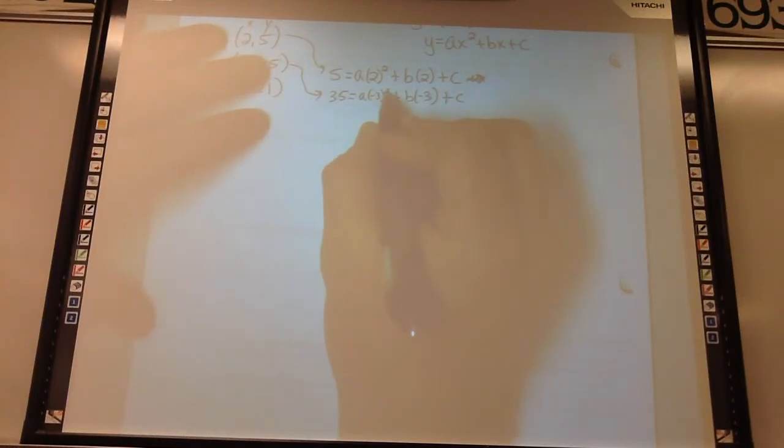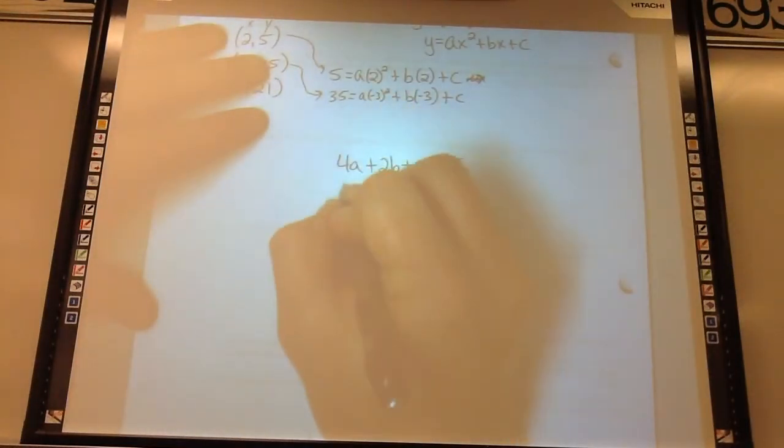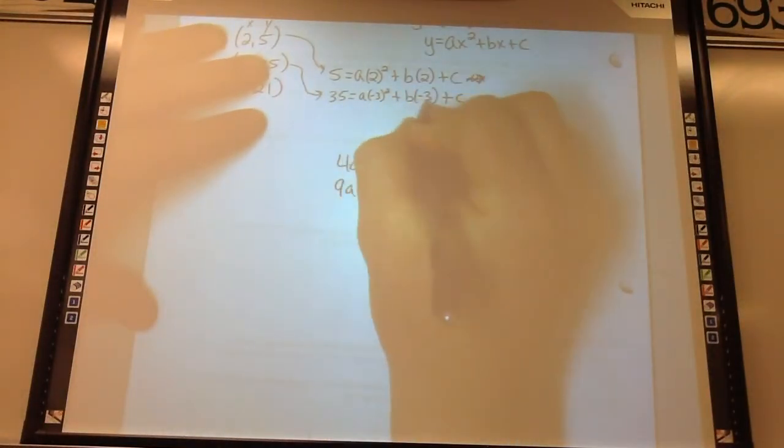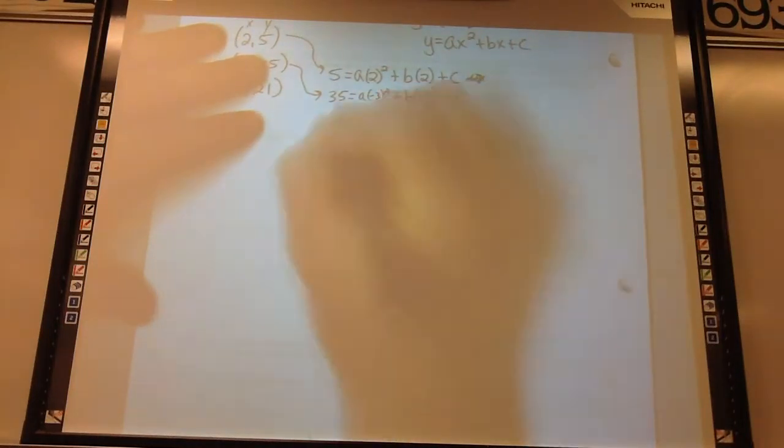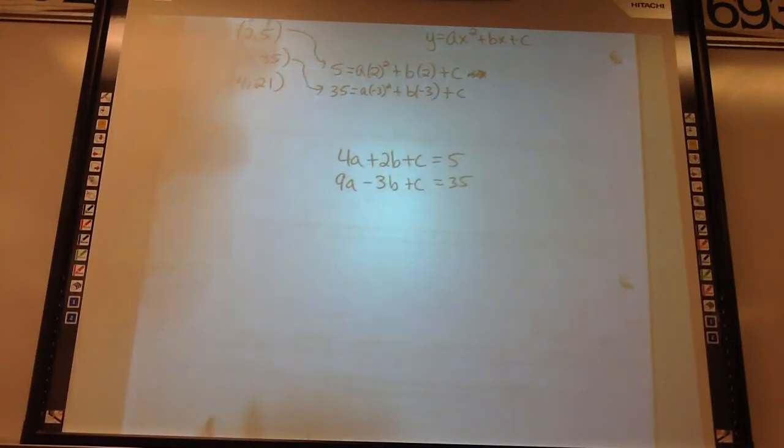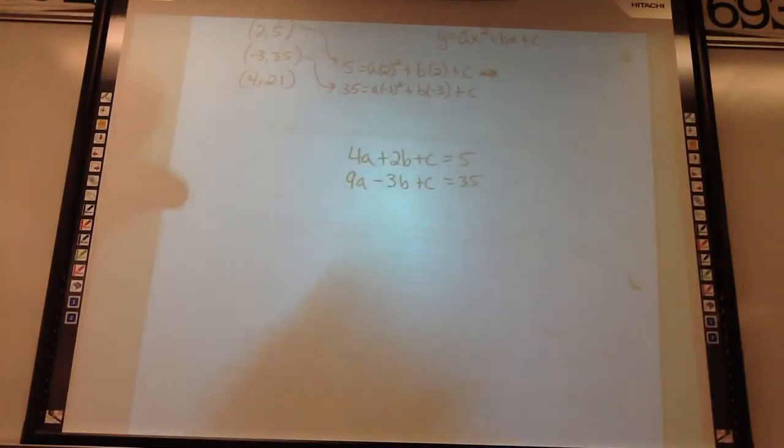Negative 3 squared is 9, so that's 9a minus 3b plus c equals 35. See where I'm going with this? It's just, instead of x, y, and z, we're going to have a, b, and c now. No big deal. Put x, y, and z if you want.